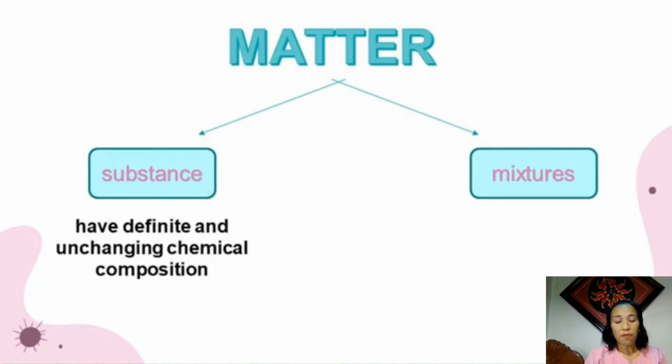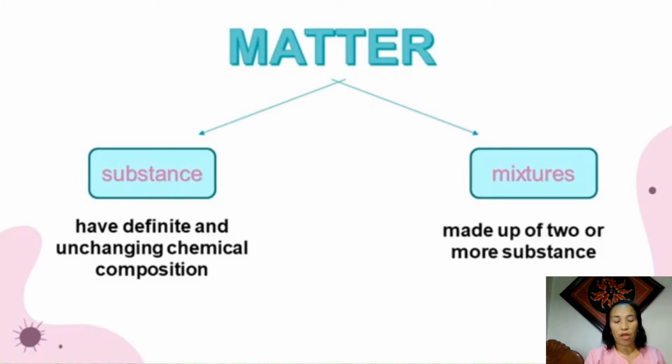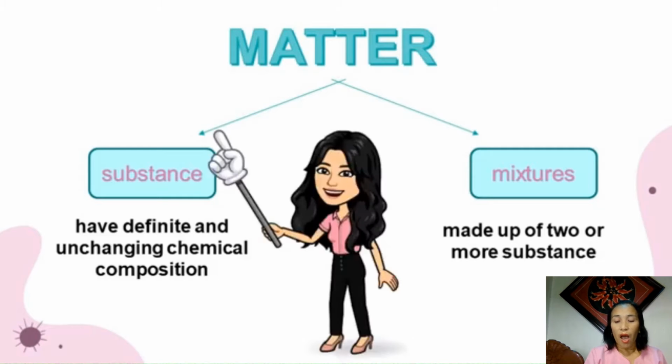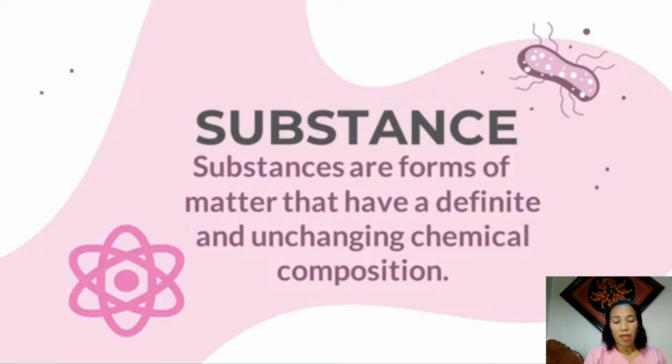Matter may be classified as substance and mixture. Substances have a definite and unchanging chemical composition, while mixtures are made up of two or more substances. Let's dip into substances. Substances are forms of matter that have a definite and unchanging chemical composition.